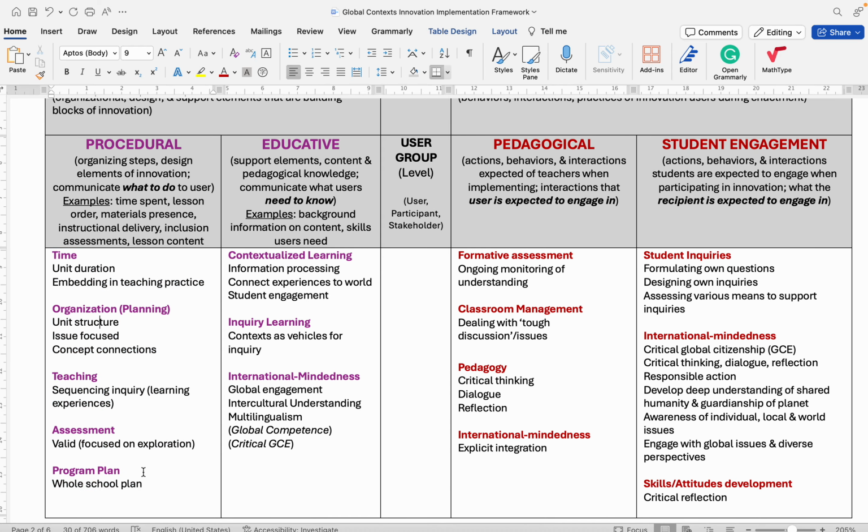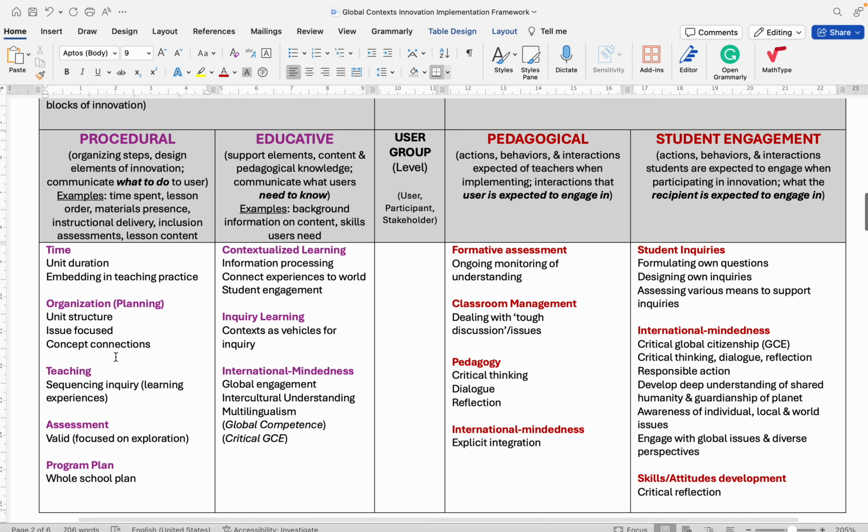And normally, unfortunately it seems, when people think about implementation, they're really thinking about these procedural things. You might ask, oh, the school will show you their program plan for how they're covering or implementing this, or show you a unit plan, or tell you how much time is devoted to this process.